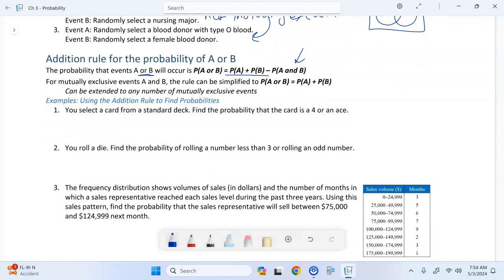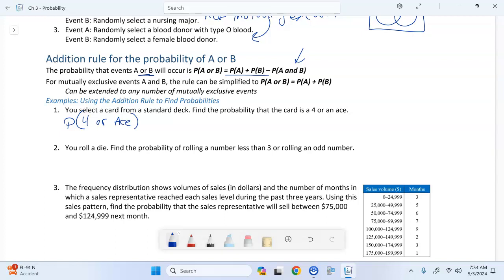So we select a card from a standard deck. We want to find the probability that the card is a 4 or an ace. Is that mutually exclusive or not mutually exclusive? It says "or," not "and."